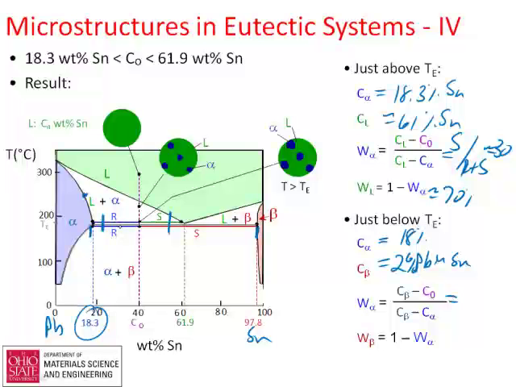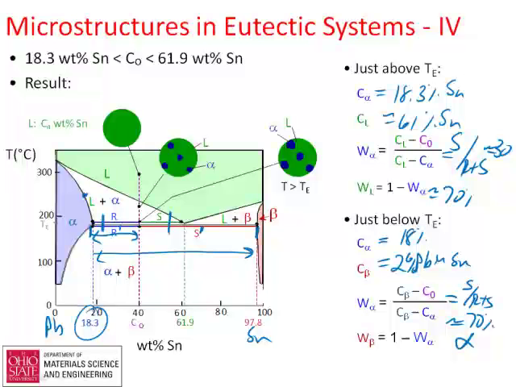I'm going to call this R prime, S prime. The weight fraction of alpha you're going to get here, you're predominantly alpha. You're closer to that than this. So it's going to be S over R plus S, and you're going to be about, in this case, 70% alpha, 30% beta.